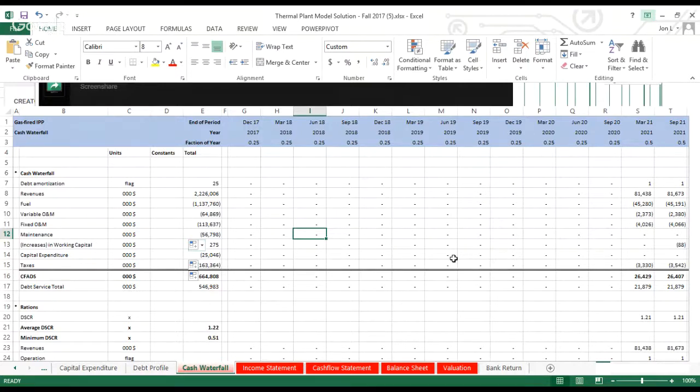So a DSCR of 1 means there is an equal amount of cash available for debt service to debt service. That means you generated just enough cash to pay your debt service. So really, there's usually a test.